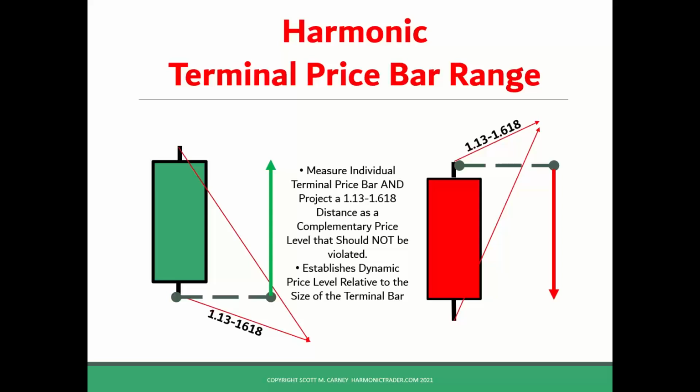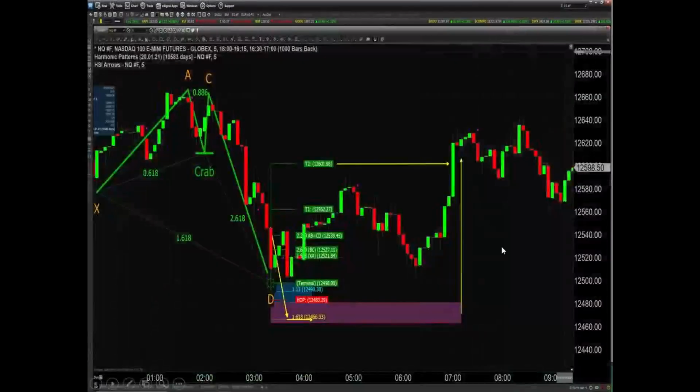This narrows it even more. So this gives you a further indication of where to be expecting that turnaround and how much tolerance beyond that terminal bar will permit. Here is that crab pattern again. Look at the terminal bar as we're coming into the zone, pretty aggressive.